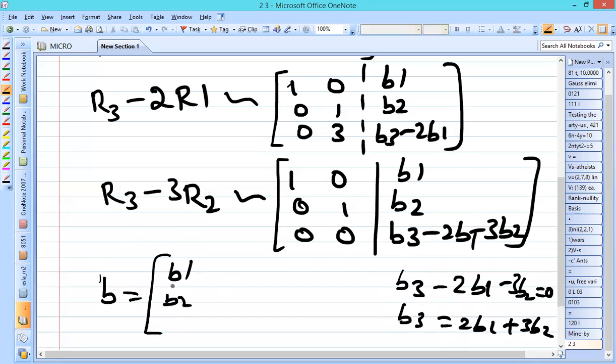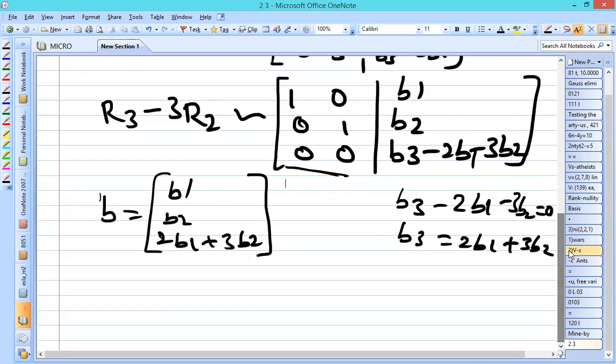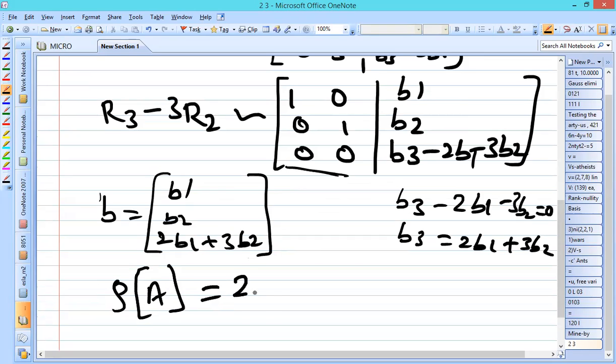So we can have b1, b2 along with the third row 2b1 plus 3b2. For these conditions of b, the third equation values are 0. Since there is one zero row, the remaining two non-zero rows represent the rank of the matrix. So the rank of the matrix A is equal to 2.